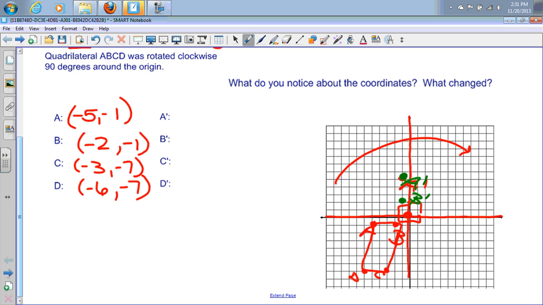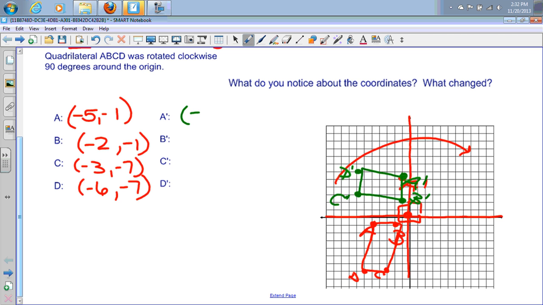C prime is -7, 3. And D prime is -7, 6. And here we go. That has been rotated 90 degrees clockwise.